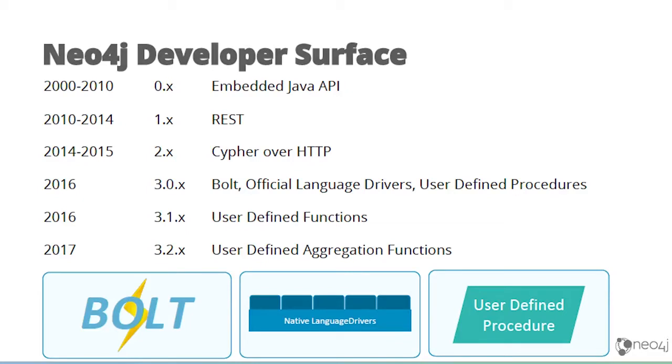But Bolt allows us to have a binary protocol and a binary format for our data to get that type safety. We also released a variety of language drivers. But an important thing we did in 3.0 and 3.1 is release these user-defined procedures and functions. And then in 3.2, the user-defined aggregation functions. This allows us to run code inside the JVM, inside the database, that allows us to do some of these more optimizations that we've been talking about.